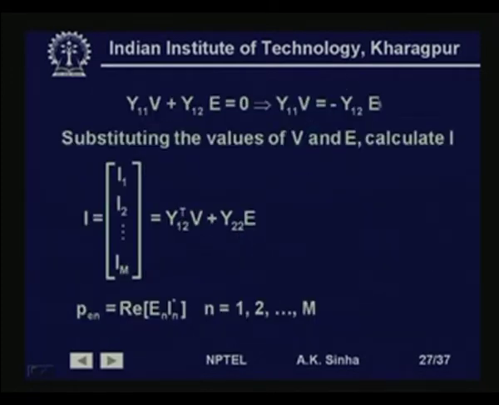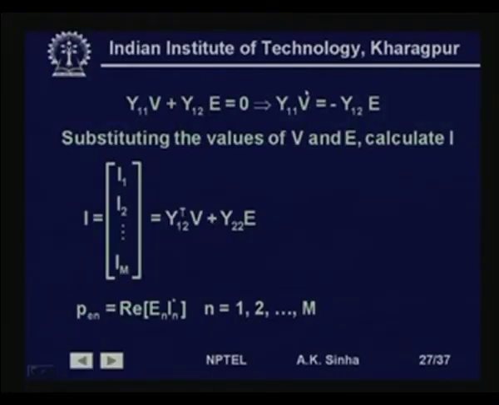So, this is n by 1, this is n by n, and this is n by 1. This is an Ax equals B set of linear equations, and we can solve this to obtain the value of V.